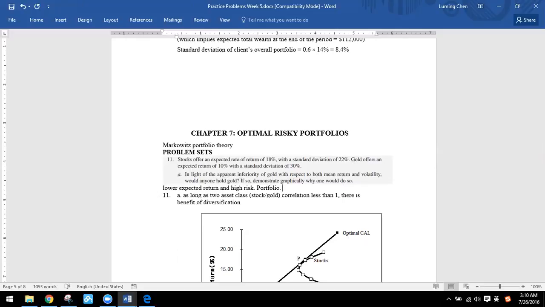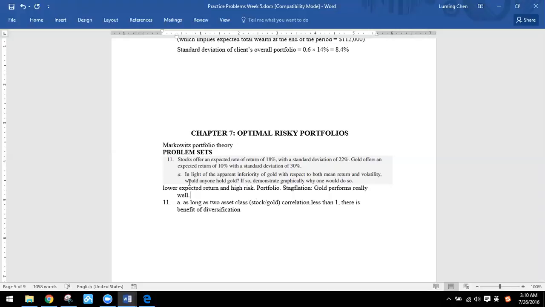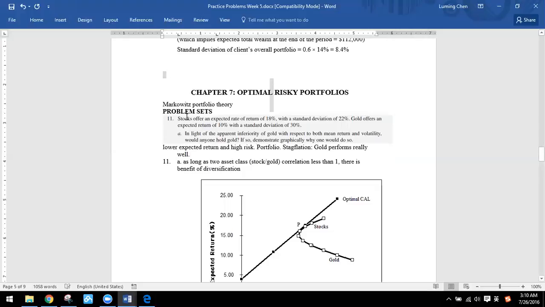And we know that during stagflation, gold performs really well. So in a portfolio sense, we should hold gold and stock together.